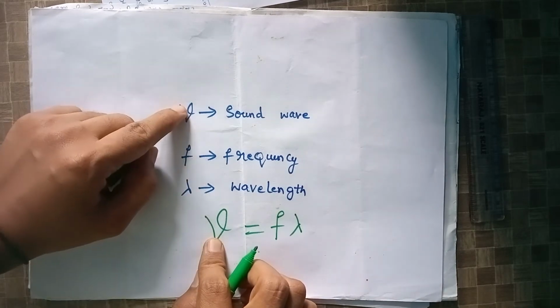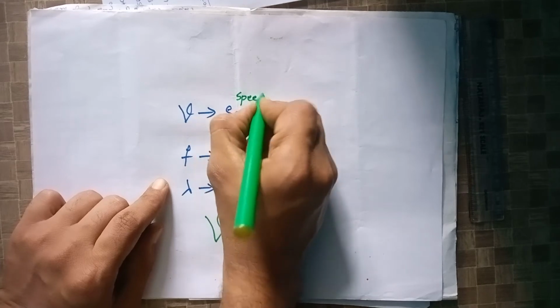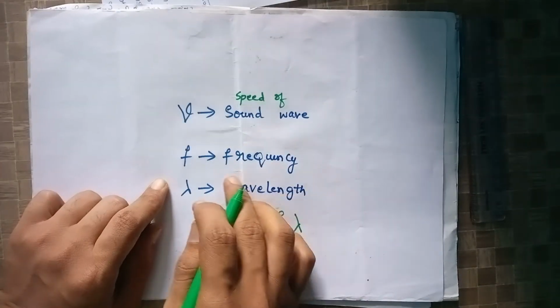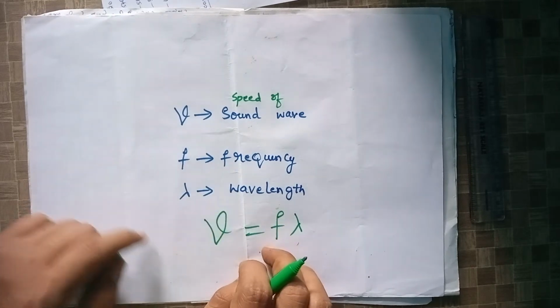Here v is the speed of the sound wave, f is the frequency and lambda is the wavelength.